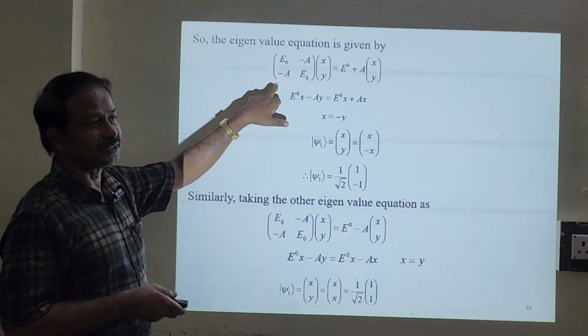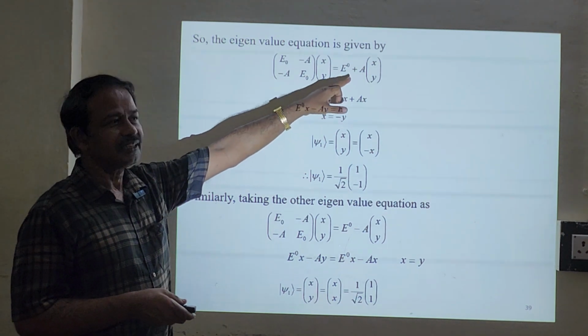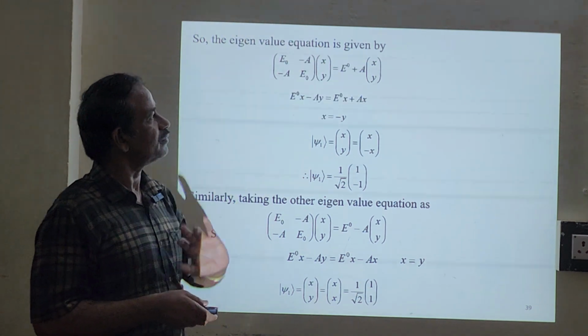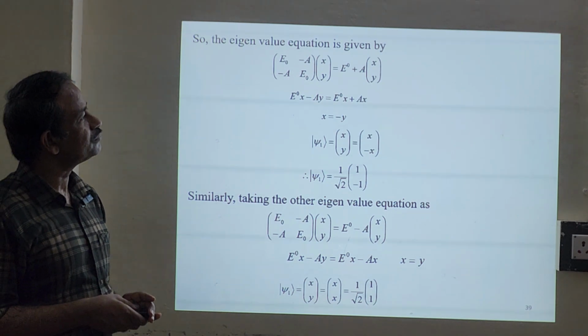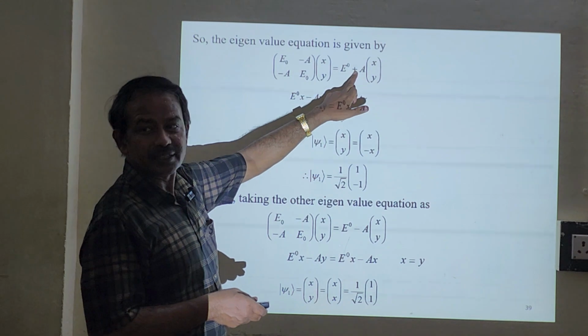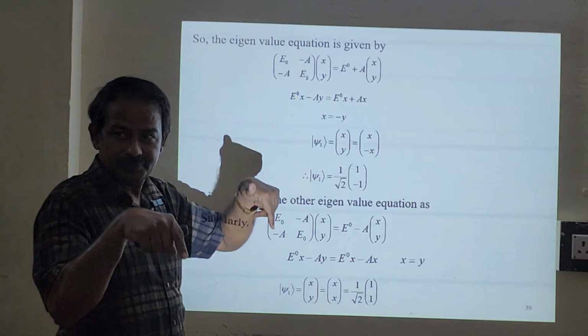Now use the eigenvalue equation. The eigenvalue equation is given by H psi equals E psi. Here there's a mistake. It must be E naught plus A. It's correct.